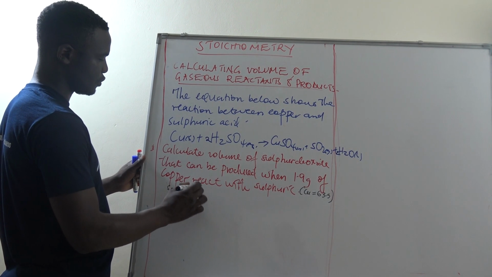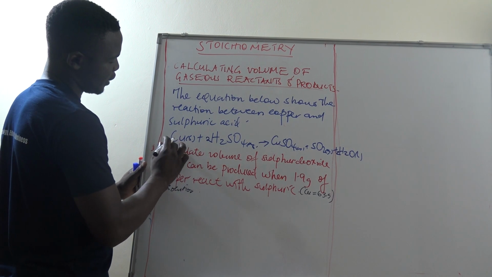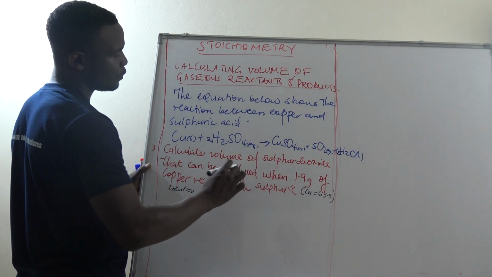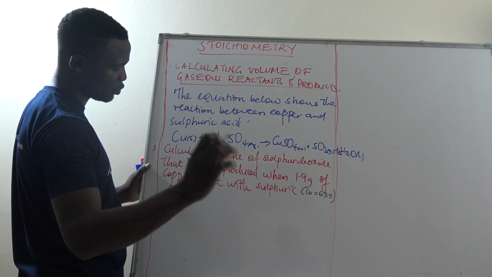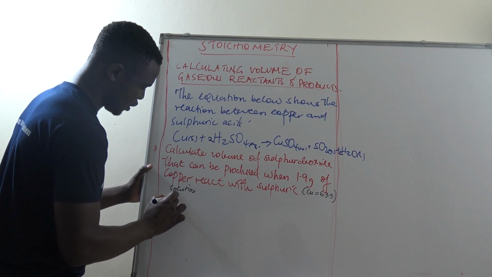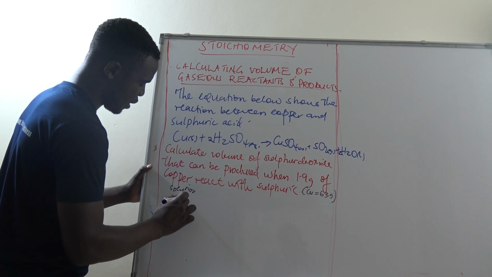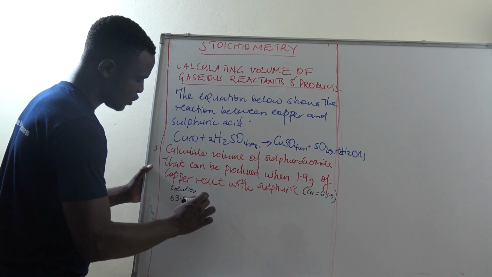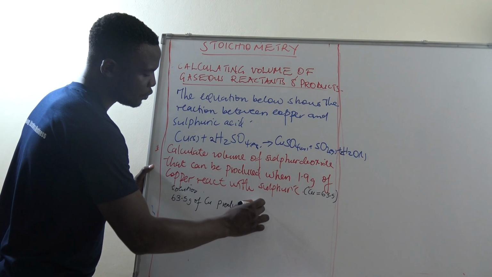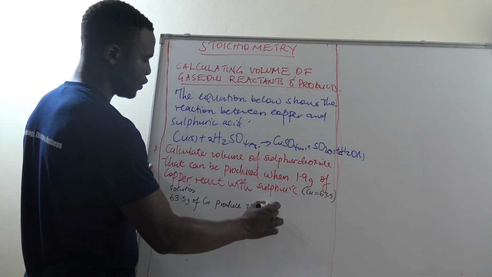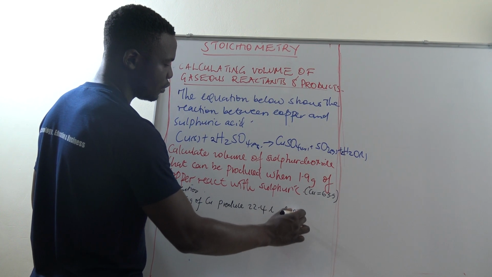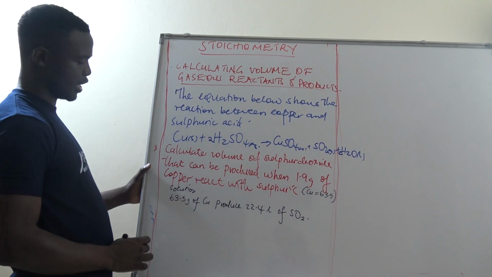Let's look at the solution. The relative molecular mass of copper produces 1 mole of sulfur dioxide that occupies 22.4 liters. Therefore, we can say that 63.5 grams of copper produce 22.4 liters of sulfur dioxide.